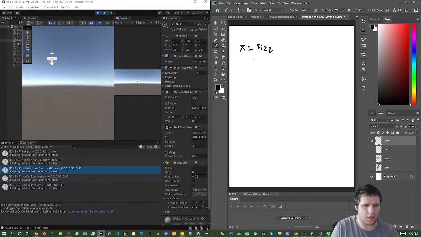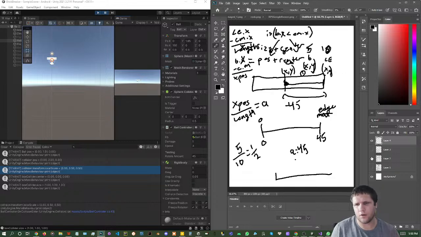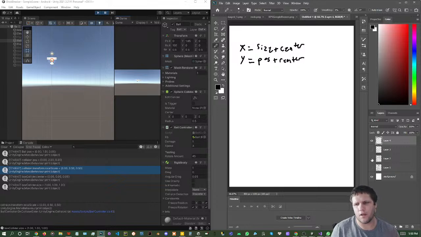So we'll say the x equals the size. Perhaps it can be size, yeah, size plus center. Y equals position plus center. And looking at our previous formula, x is now going to be the edge.